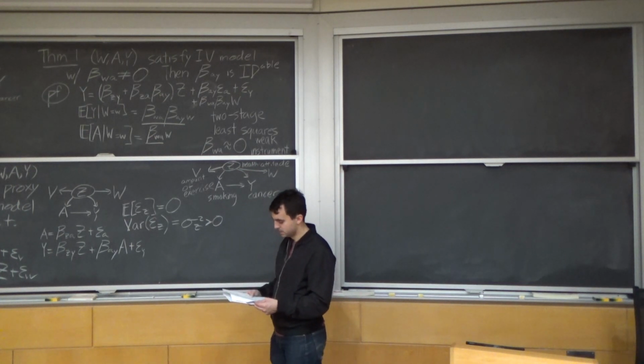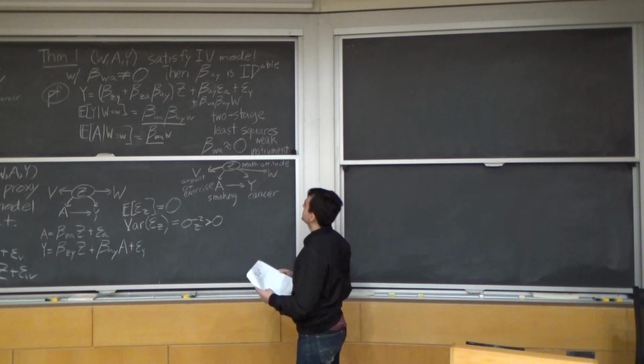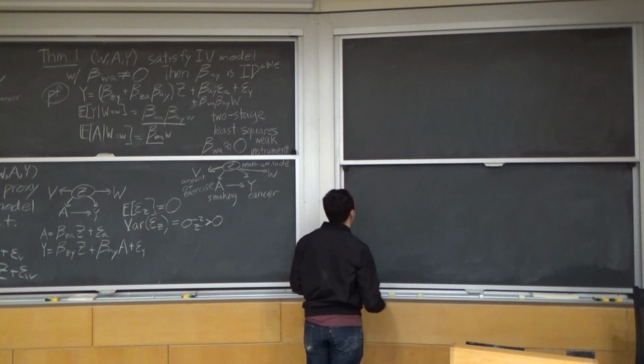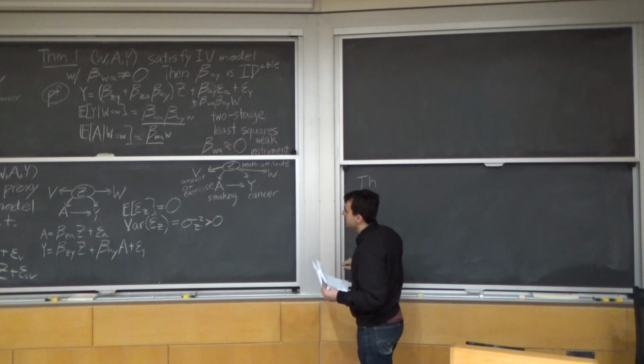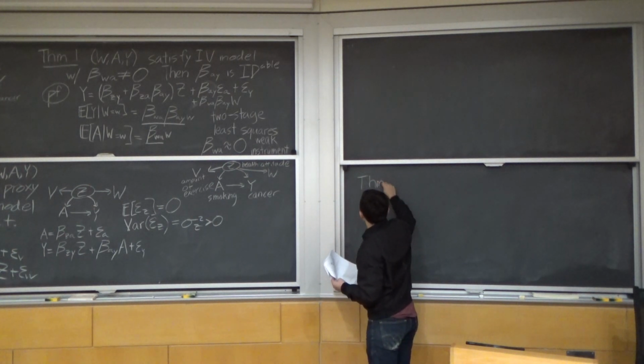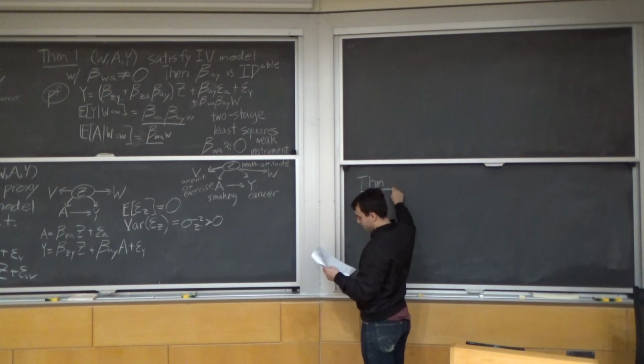Okay. So once again, we're going to be able to identify beta_ay under the assumptions of the proxy variable model.